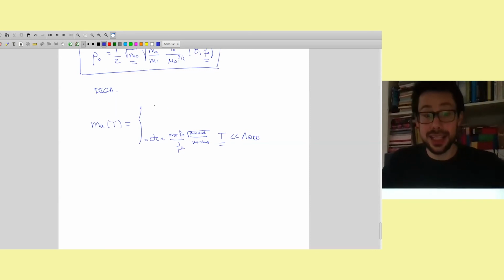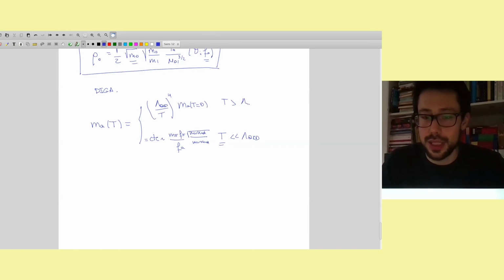However, at large energies, we know that the mass of the axion gets suppressed by a factor of Lambda QCD over temperature with some power that is of the order of 4, times MA at T equals 0, if the temperature is larger than Lambda QCD.